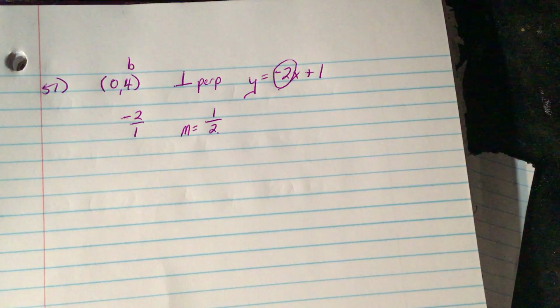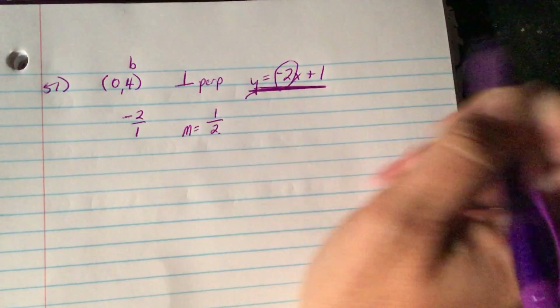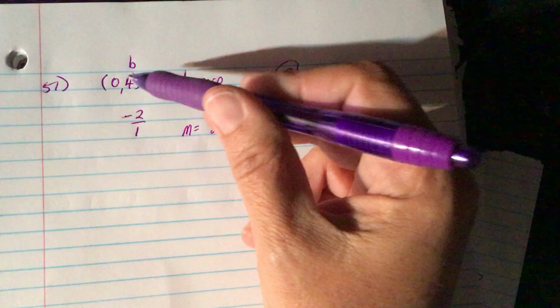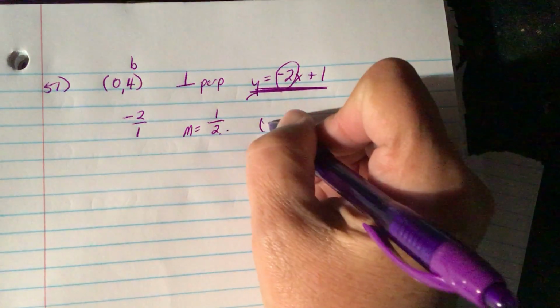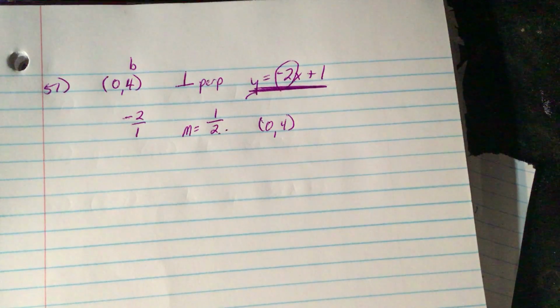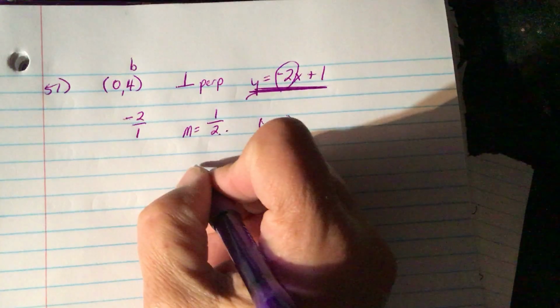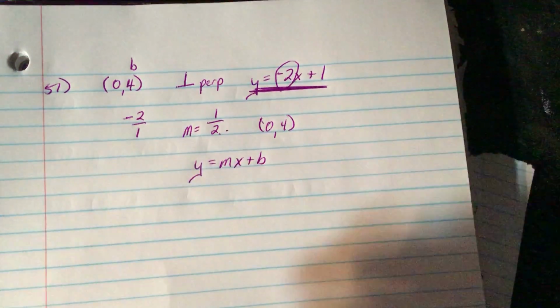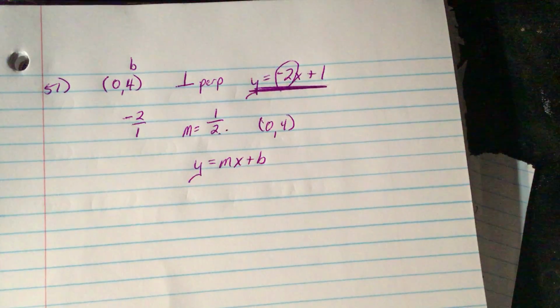We got it from the original equation. Now, we have a slope, and we have a y-intercept. So to state the equation, we just plug it in. So y equals mx plus b is the very generic form.